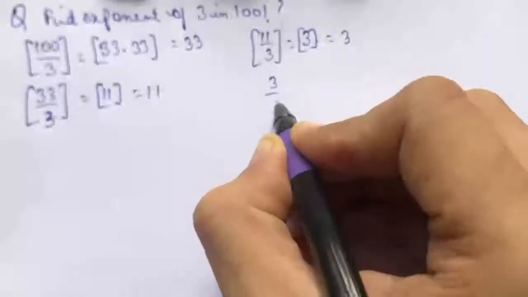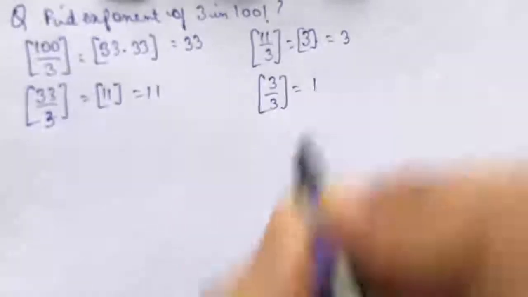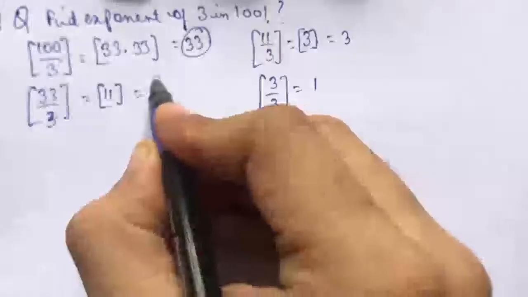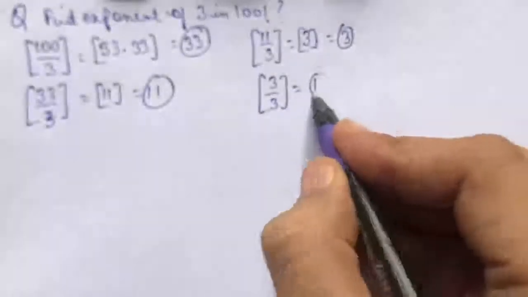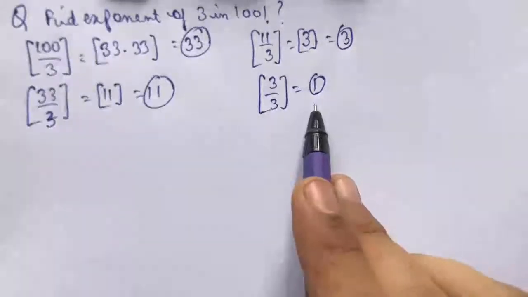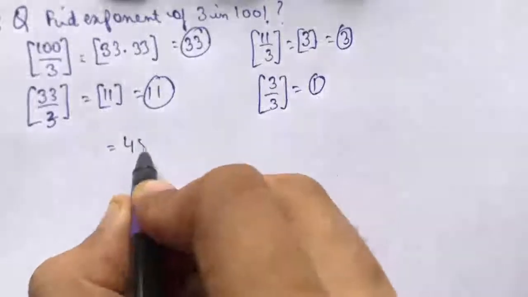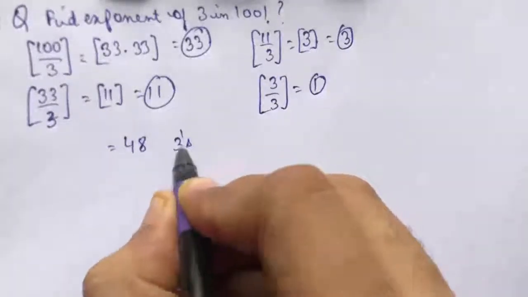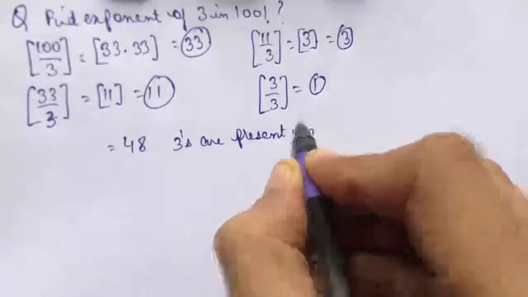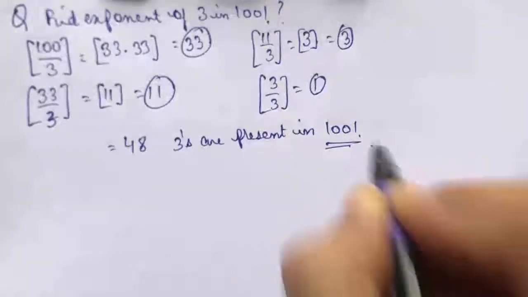And again 3 upon 3 and its greatest integer will be 1. So 33 plus 11 plus 3 plus 1 will be our answer: 44, 47, 48. Means 48 3's are present in 100 factorial.